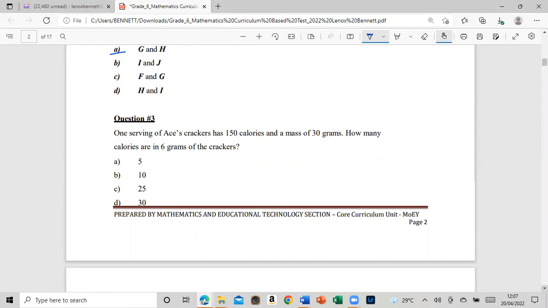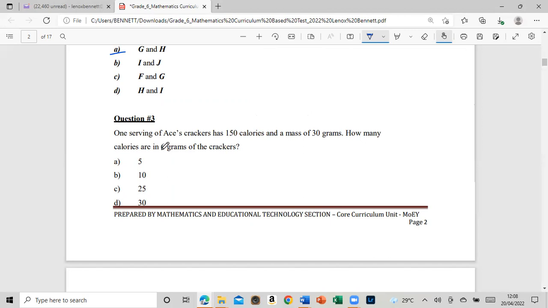It says, one serving of Ace crackers has 150 calories and a mass of 30 grams. How many calories are in 6 grams of crackers? So let us establish what is really 1 gram, and then from there we can take it. Or we can establish how many calories per gram.